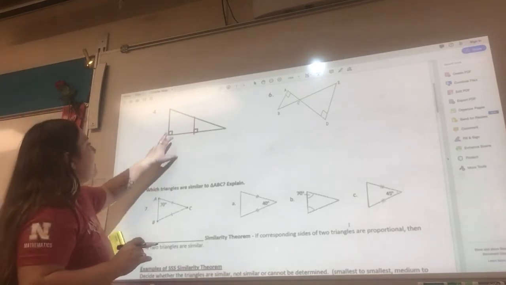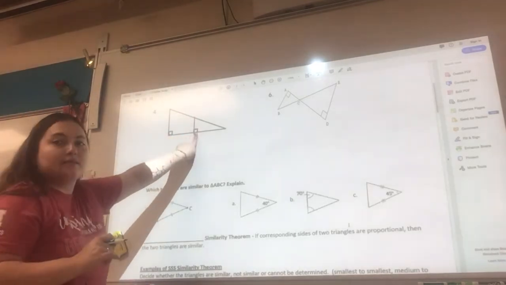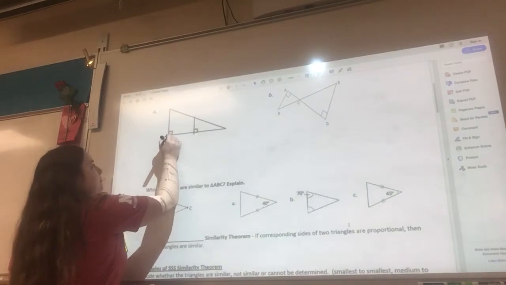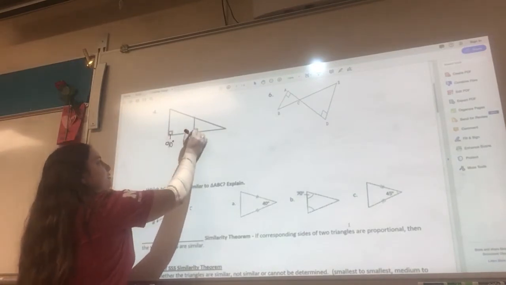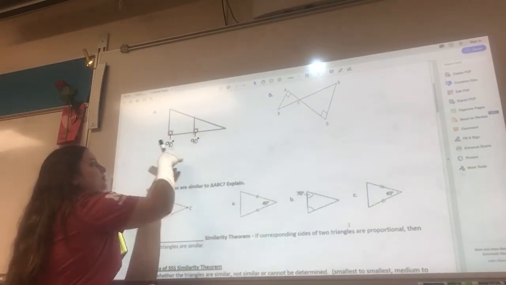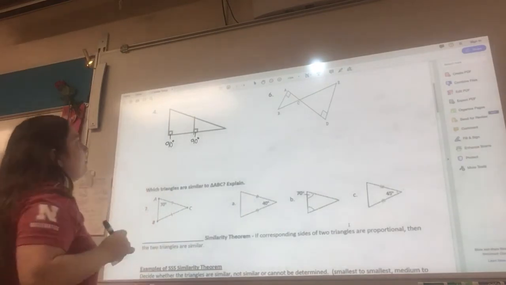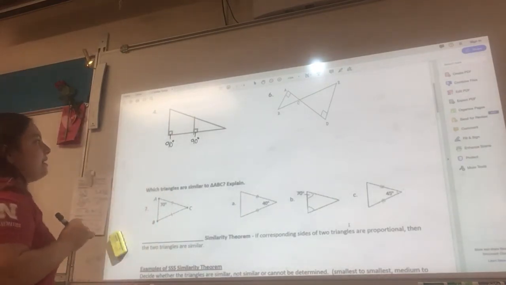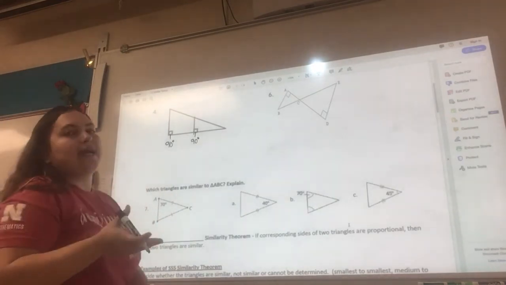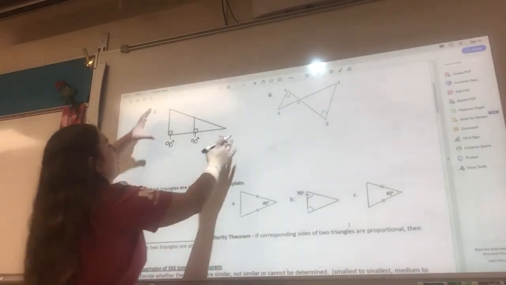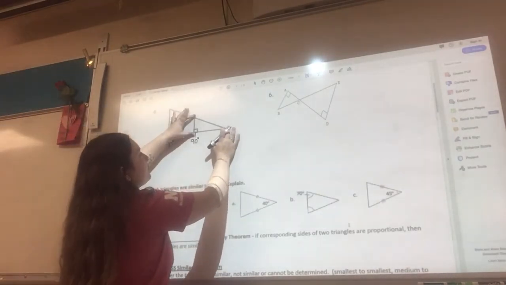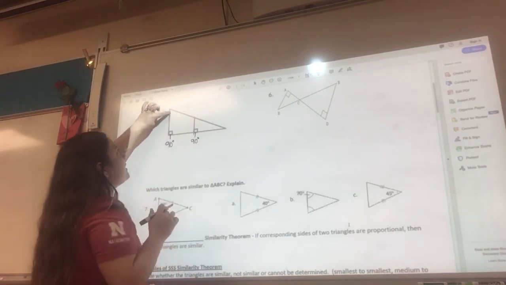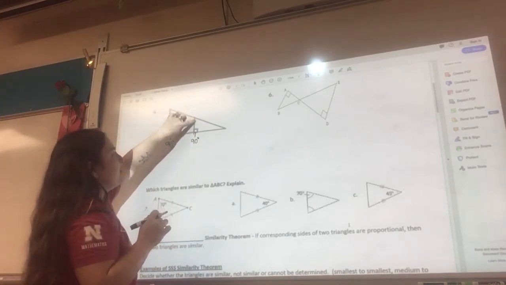Number 4 says I have a box and a box, and we know that a box means 90 degrees. So right there, we know that those two are the same. Well, we need to determine: can we find another angle? We have a large triangle and a small triangle. This angle we're not certain of, and this angle we're not certain of.